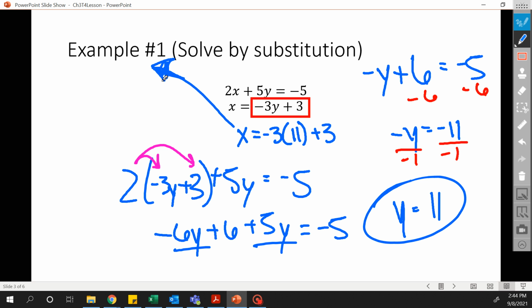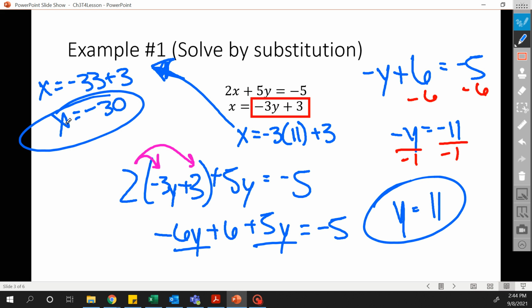Let me put it over here because I'm running out of room. So I got x is equal to negative 33 plus 3. Okay, so x is equal to negative 30. So I have 11 and negative 30, and this would be my solution, the ordered pair negative 30 comma 11.